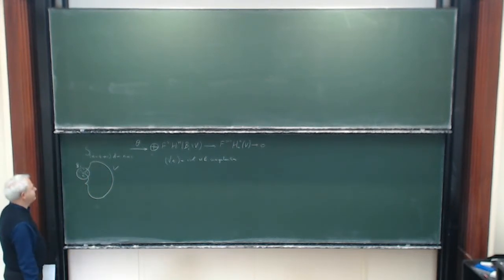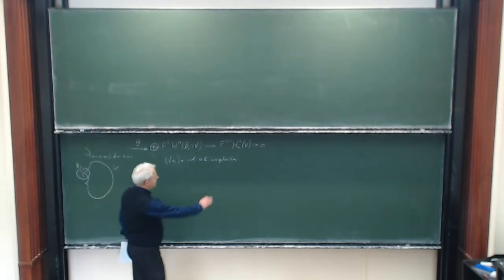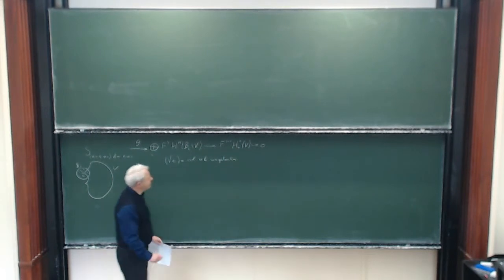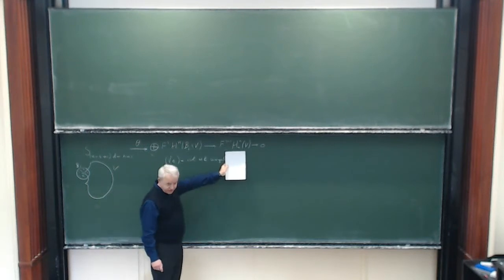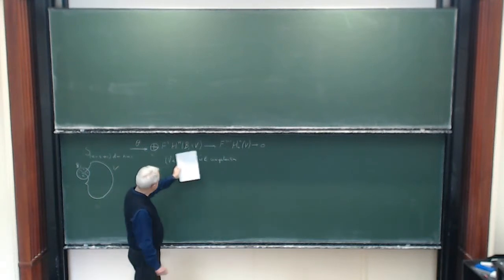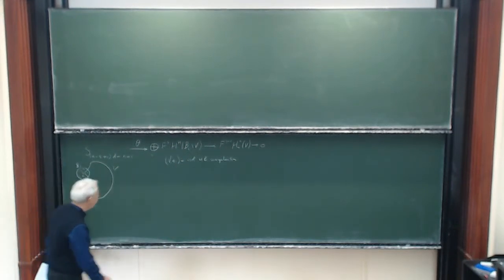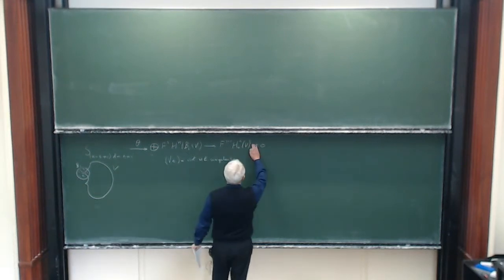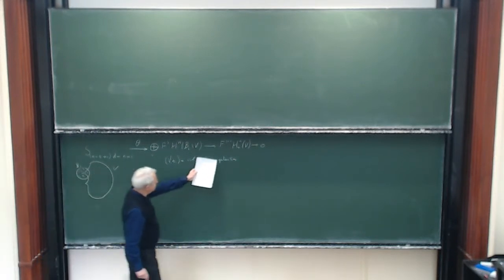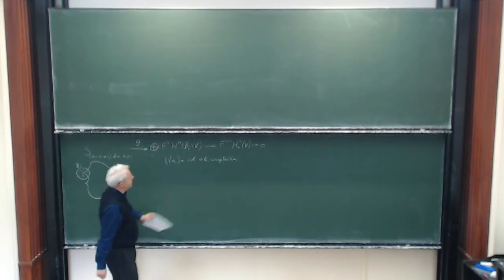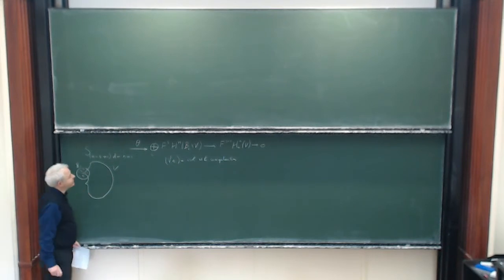And so the idea is, if we want to prove that this group is non-zero, it is enough to find a convenient S such that this map is not surjective, right?